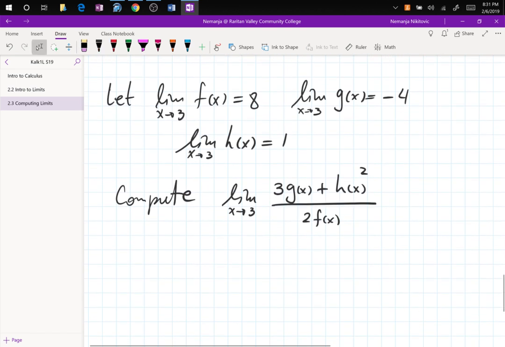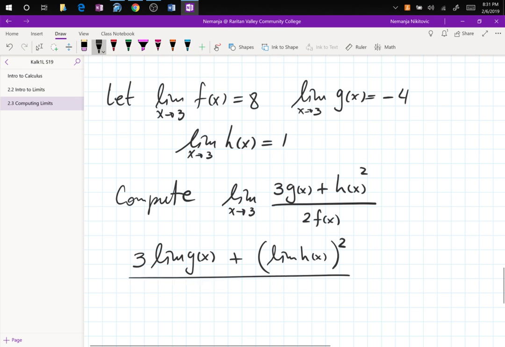So by using limit laws, you can break this apart into 3 times limit of g of x plus limit of h of x, everything squared, divided by 2 times limit of f of x. Now each one of these is as x goes to 3, right?